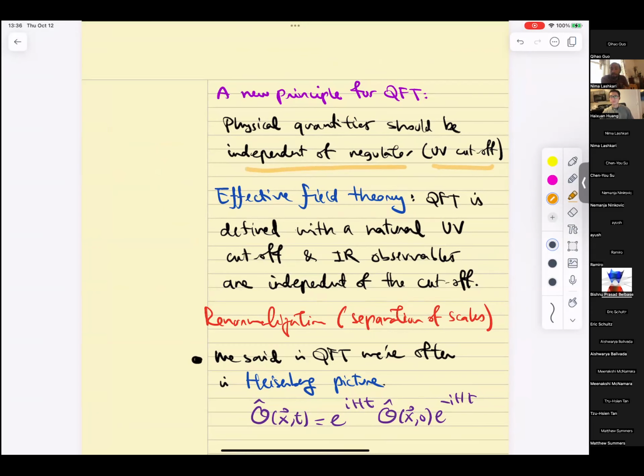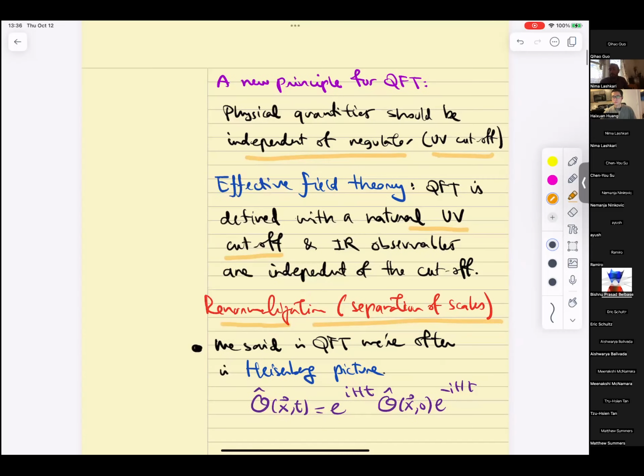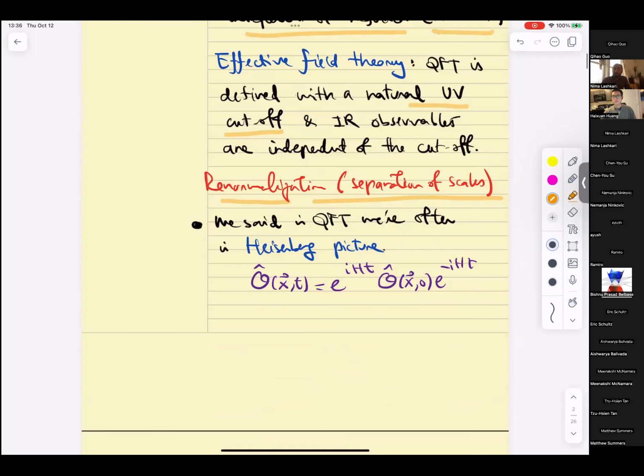All theories are effective field theories, not just quantum field theory. Every theory comes with a natural UV cutoff, and the infrared observables are independent of this cutoff. This is the separation of scale or renormalization principle in quantum field theory. We'll come back to this later in the course, but this is our first interaction with it.